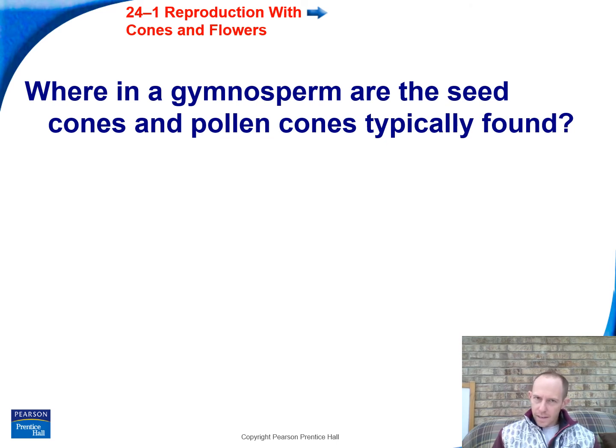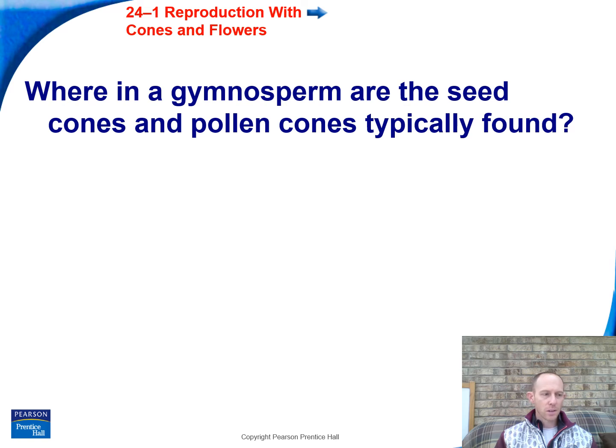Number 11, I've got a nice little image for you to look at and explain to me why you see pollen cones and seed cones found on different parts of a tree, right? Usually the way I present this, I ask you guys your opinions. So the question I'm really going to ask is, pollen cones and seed cones are separated in the tree vertically, right?